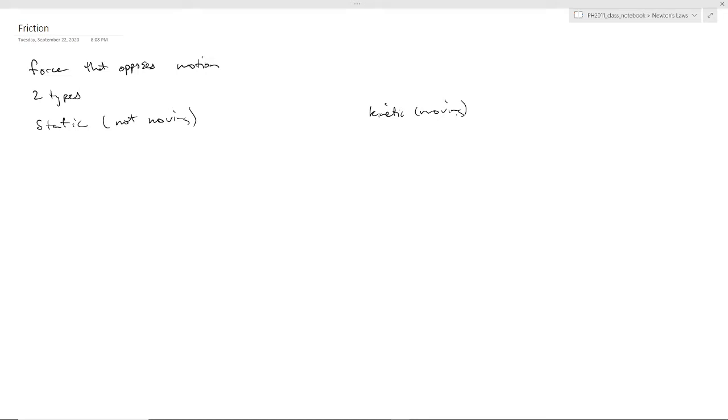And you can kind of visualize this if you imagine a box or something and you're pushing on it with some force. The floor, the surface, is going to push back on that box with a force that's equal to it.